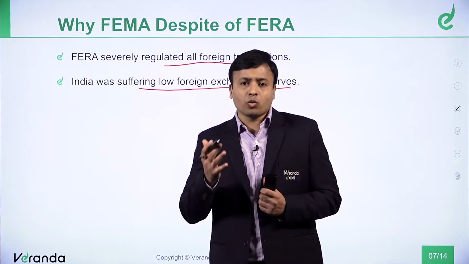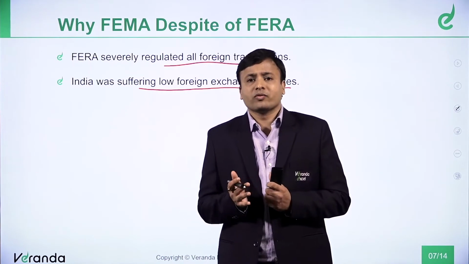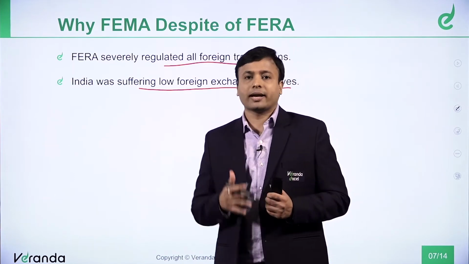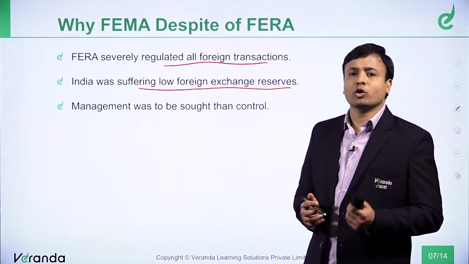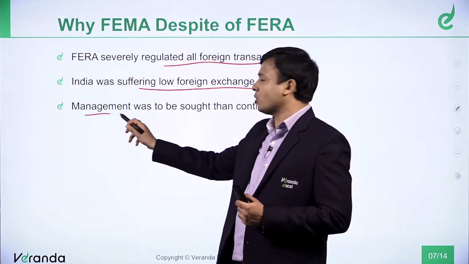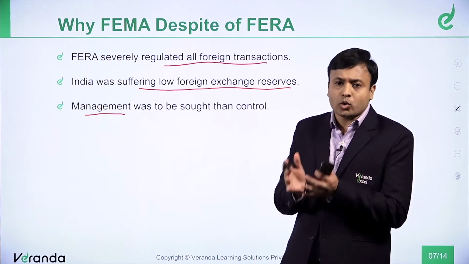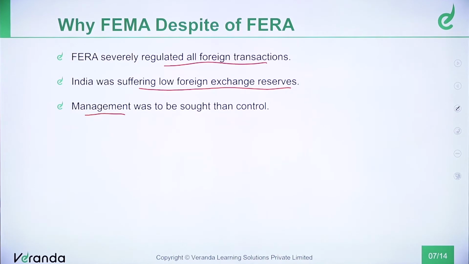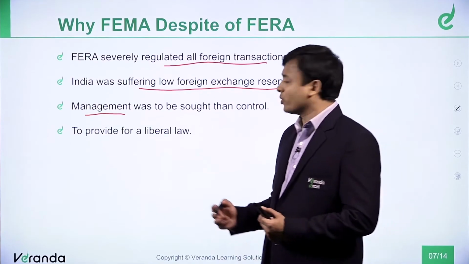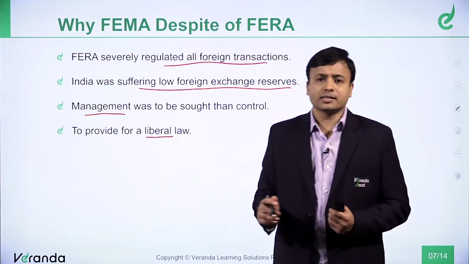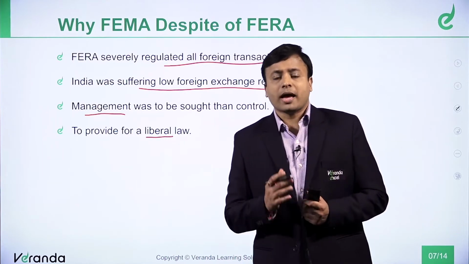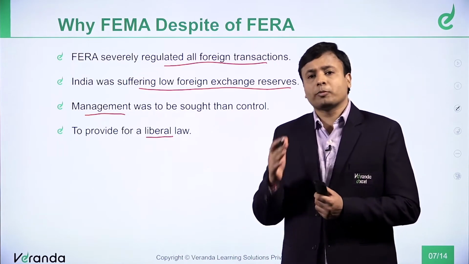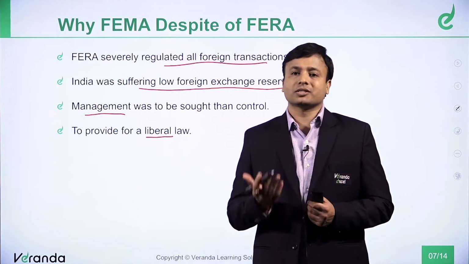Hence there was a need for another act which shifted the focus from conservation to management, and hence we had FEMA. Management was to be sought rather than control. So the new act had to focus on management rather than control of foreign currency. We needed a law which is liberal, which manages the foreign currency and which doesn't presume mens rea, that is, which gives an equal opportunity to the other party to explain its stand.